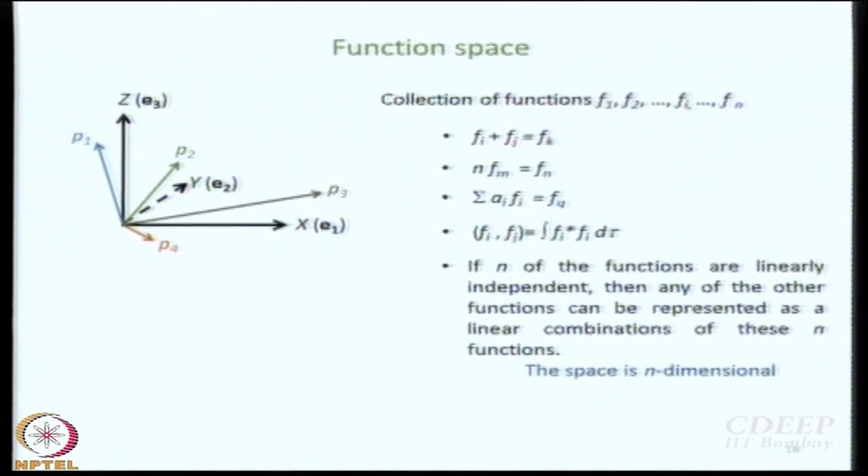If n of the functions are linearly independent, what is the meaning of linearly independent? What is the meaning of linear independence? Yes, yes, go ahead. Exactly. You cannot write any of the linearly independent vectors as a combination of the other ones.